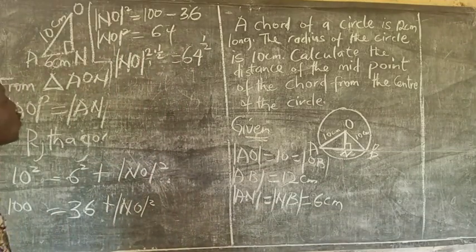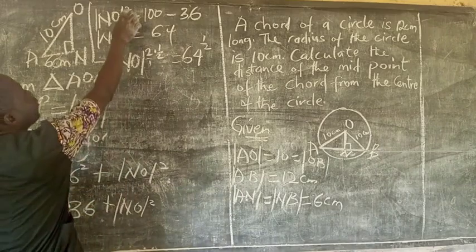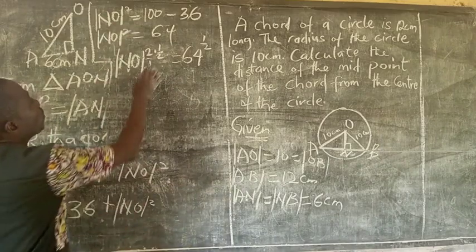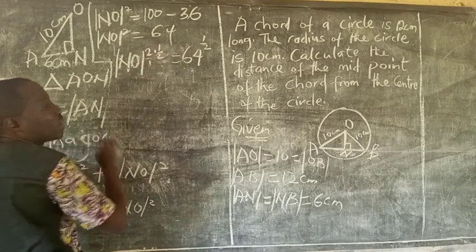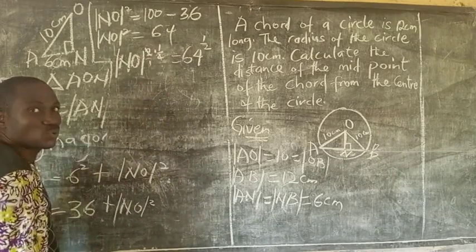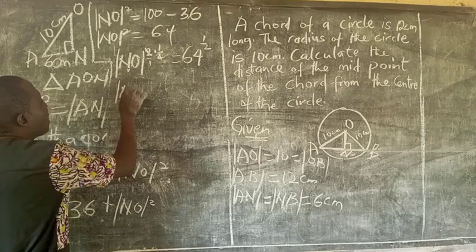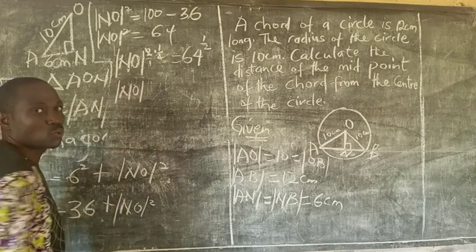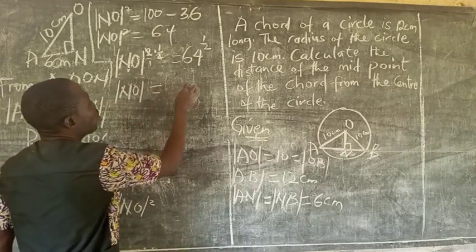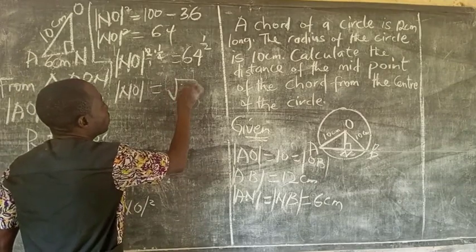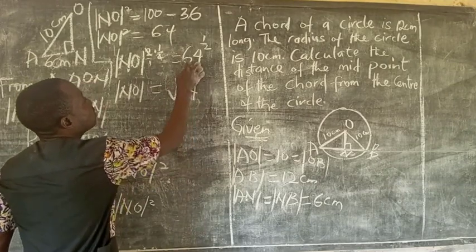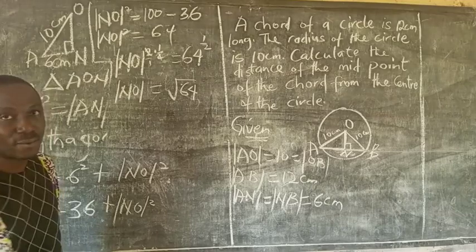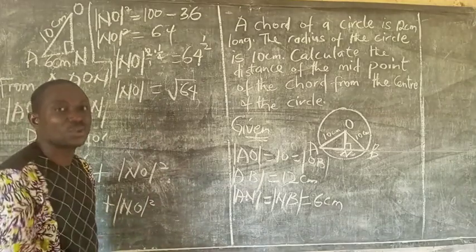Our intention is just to remove this square: the 2 cancels out the 2, leaving NO, exactly what we are looking for, equals 64 raised to the power half. Anything raised to the power half is the square root of that thing.